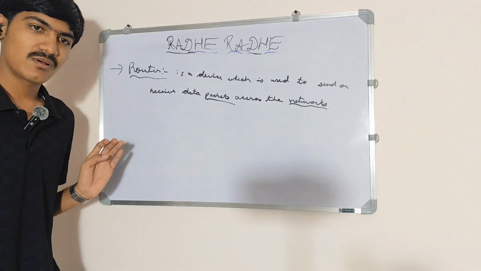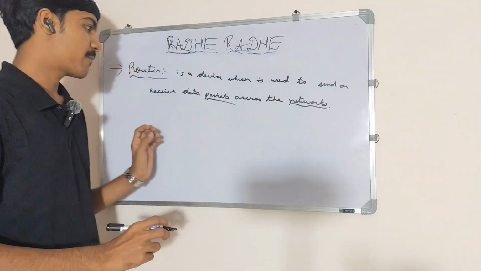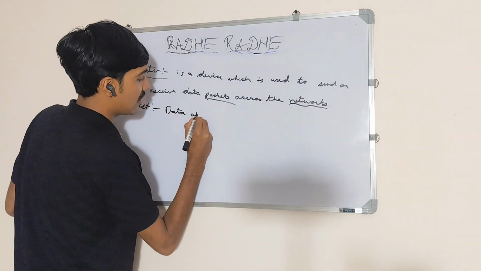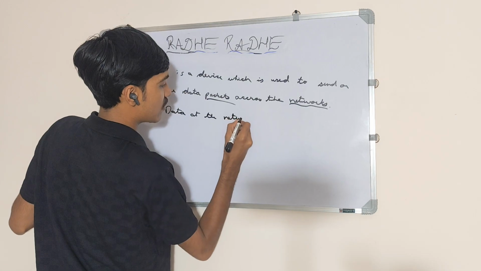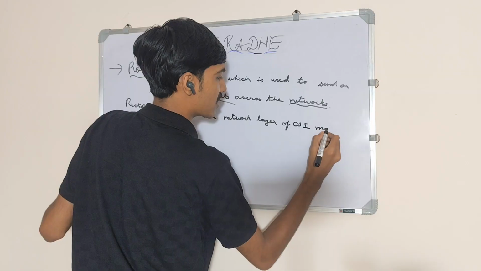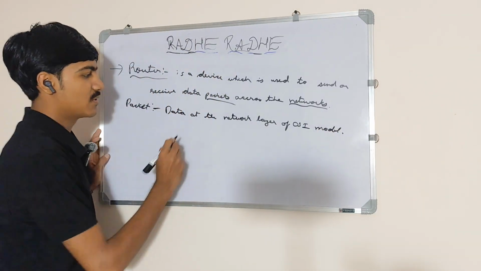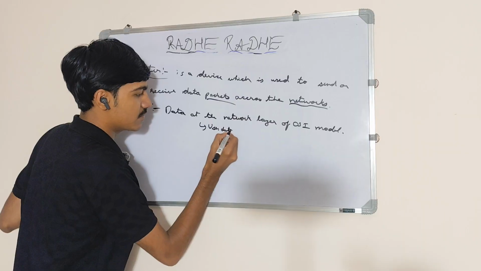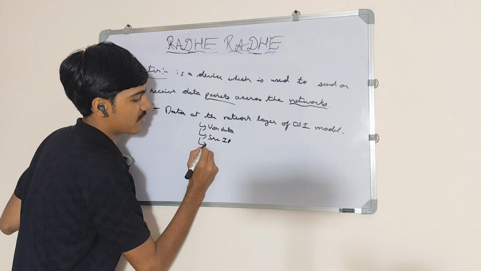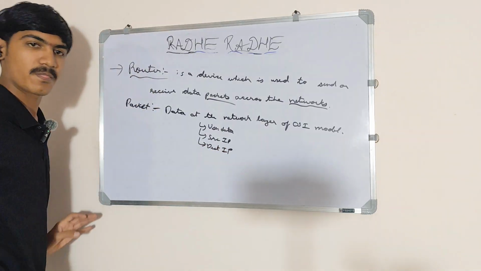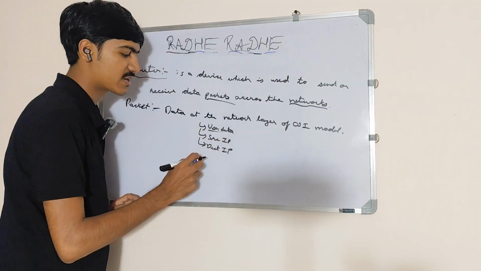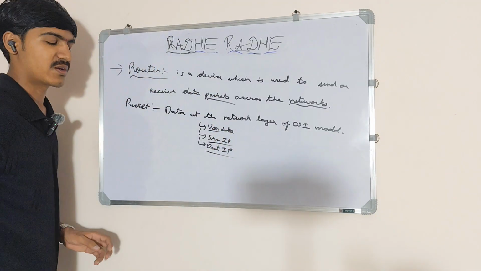What is a packet? Data at the network layer of the OSI model is called a packet. It contains user data, plus the source IP, plus the destination IP.